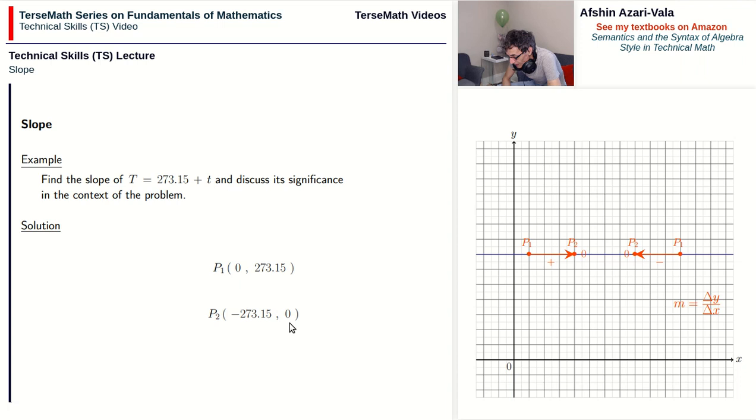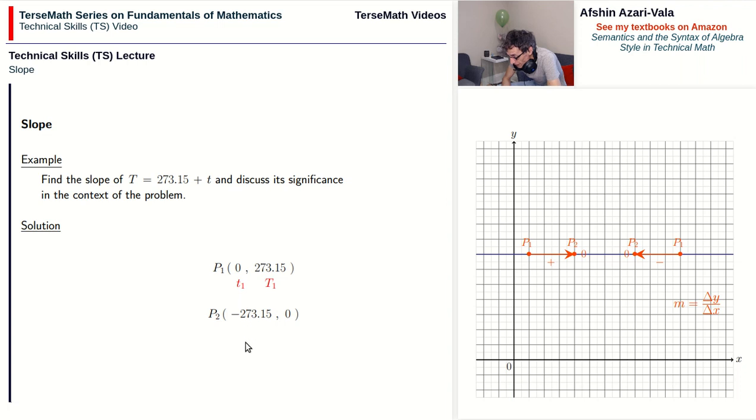And then I picked the value 0 for capital T, and I solved for lowercase t, and I got negative 273.15. Now with these 2 points, these are my t1 and capital T1. So when temperature is 0 degrees Celsius, it's 273.15 kelvins.